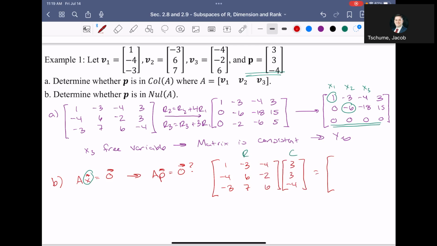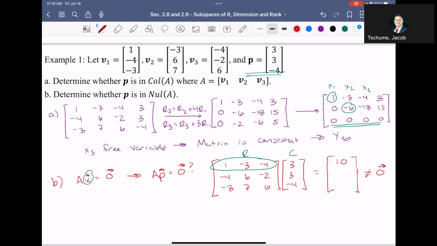So if I take the first row of the matrix and multiply it by the elements of the column and add them all together, that would be 3 minus 9, which is negative 6, and then negative 6 plus 16 is 10. In this case, I actually could stop right there. I already know that this is not going to equal the 0 vector because the first element is not 0.